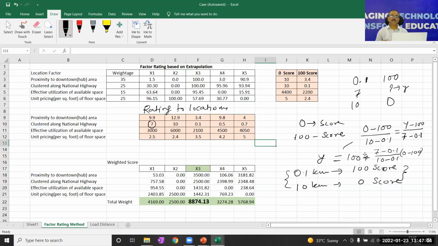It is a rearrangement of the terms, and if you calculate it, you get 30.3. So this is the rating.